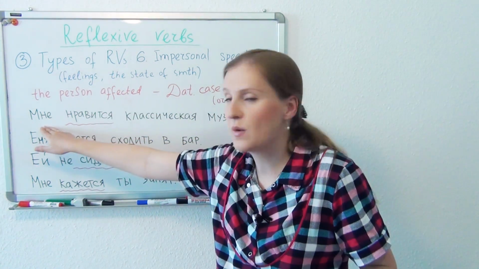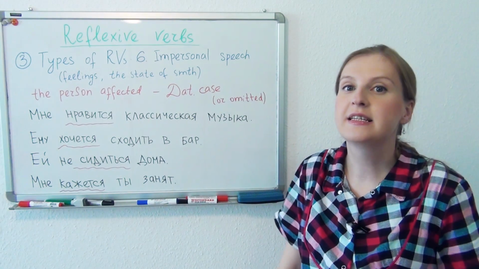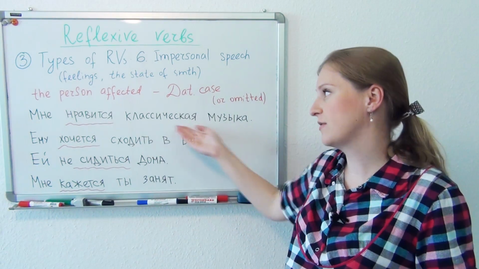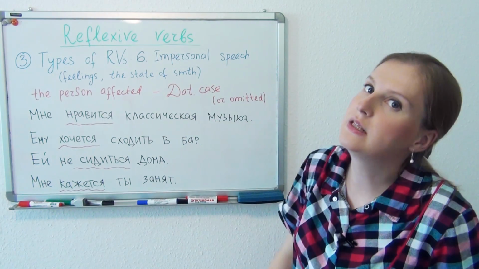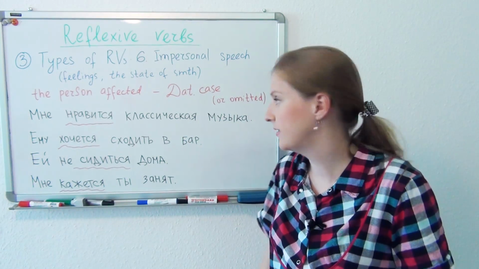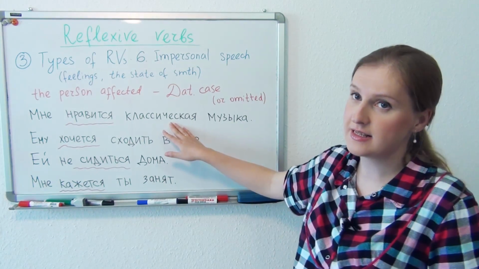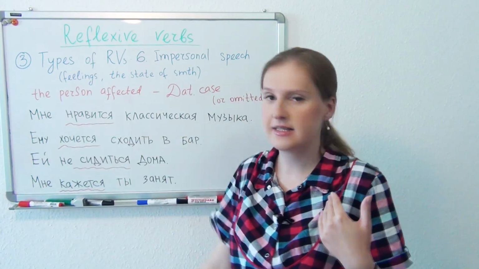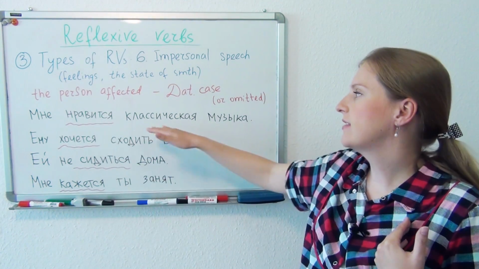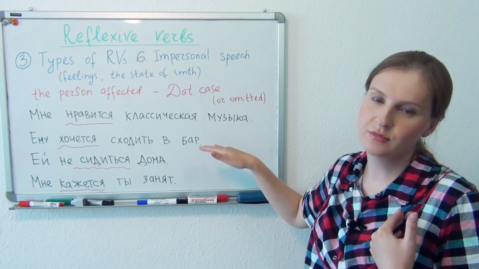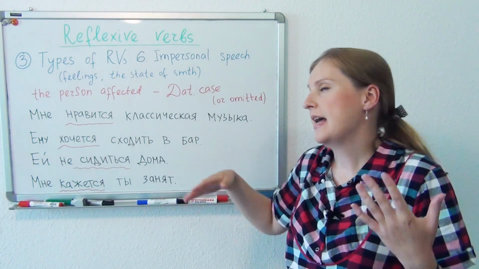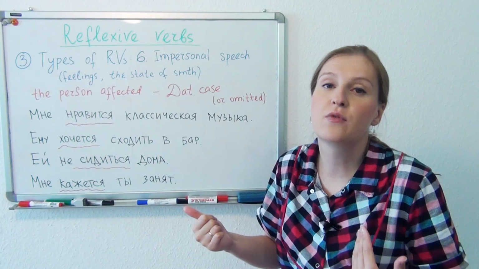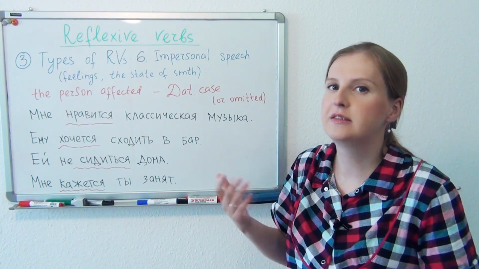That's why we say мне, not я. Because to tell the truth, here the subject of the sentence is what we like. Классическая музыка. It is in the nominative case, while мне, I, is in the dative case. Мне нравится классическая музыка. We can translate this sentence as classical music is interesting for me or makes me feel good.